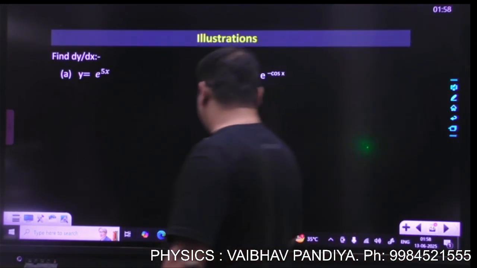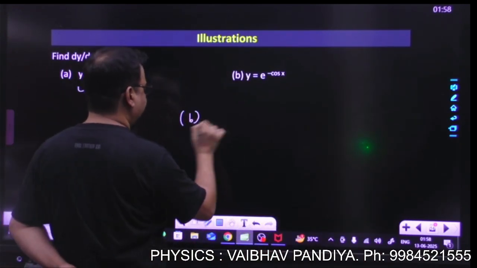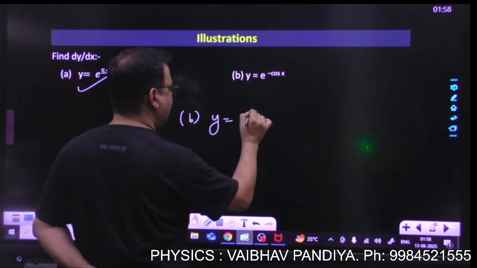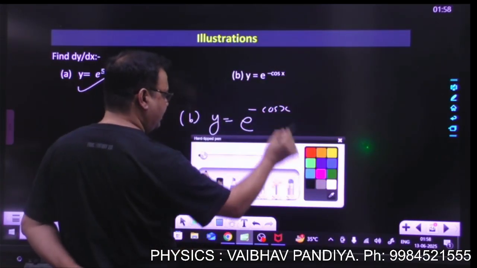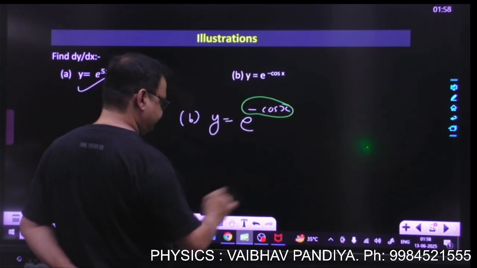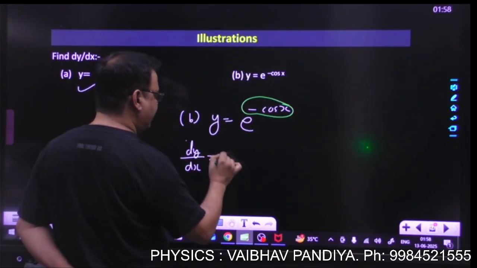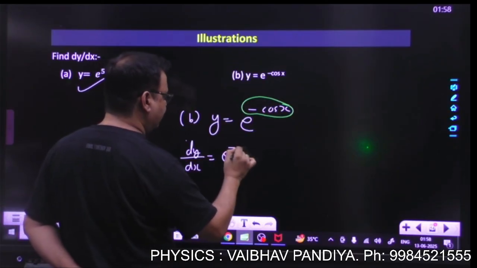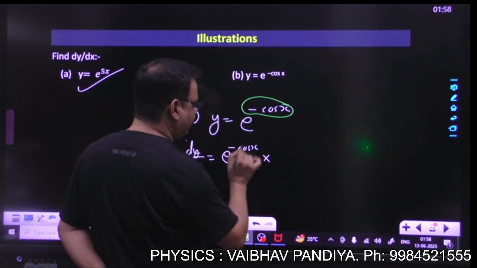Now let's see some of the illustrations. Say b, y is equal to e power minus cos x. So here the argument is minus cos x. So treat the argument as a single quantity. The e power of something will have a derivative of e power of the same thing, correct? Now multiply it with the derivative of the argument.